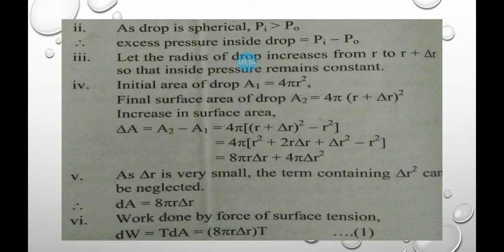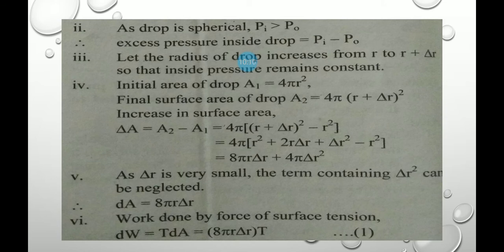Initial area of the drop, A1, is equal to 4 pi R square. Final surface area of the drop, A2, is equal to 4 pi into (R plus delta R) square.